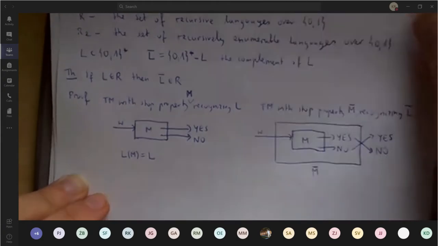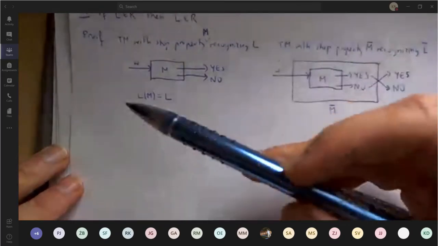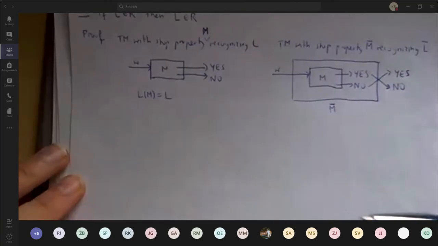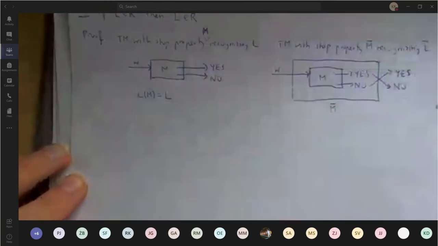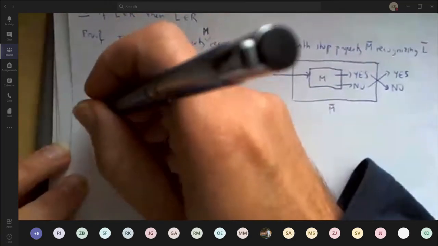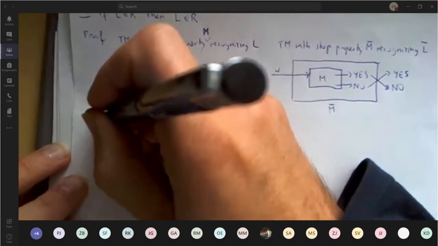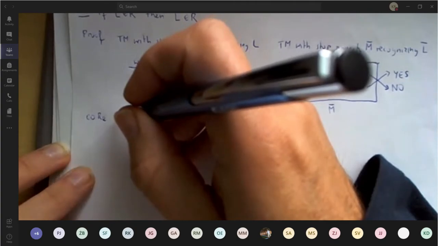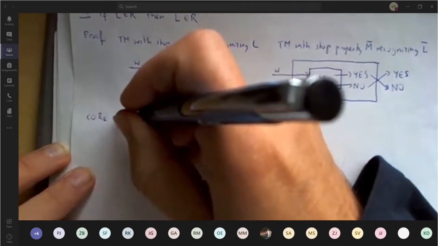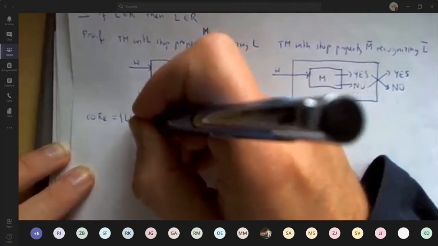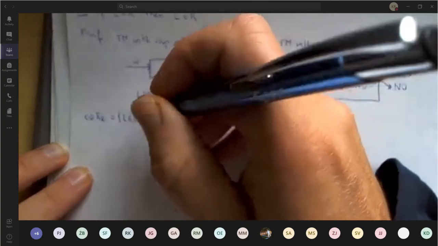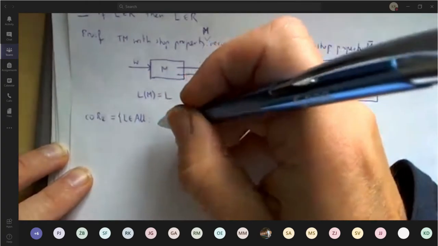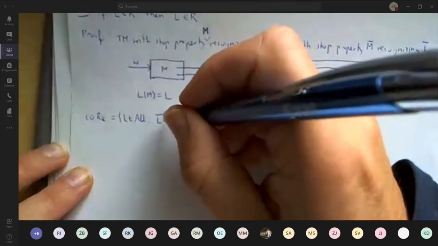Okay, and we define another class of languages. It is called coRE. This is the set of all languages such that their complements are recursively enumerable.